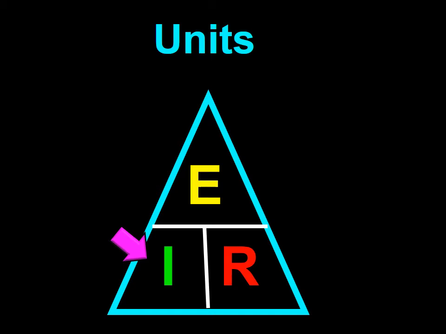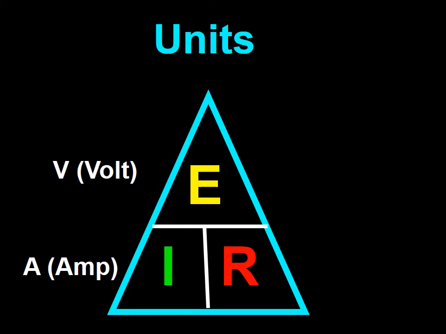The unit for current is the ampere, usually referred to as amp or simply by the letter A. The unit for electromotive force is volt, often referred to just by the letter V. And the unit for resistance is ohm, usually indicated by the Greek capital omega.